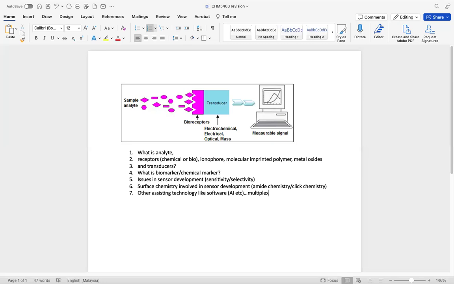So this also requires additional expertise, where the AI can be trained to evaluate the readings, so the signal generated can tell you a lot of information in one go.